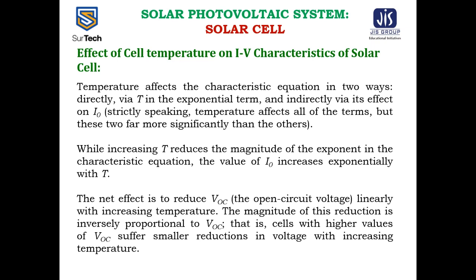The magnitude of this reduction is inversely proportional to the open circuit voltage. That is, cells with higher values of VOC suffer smaller reductions in the voltage with increasing temperature.